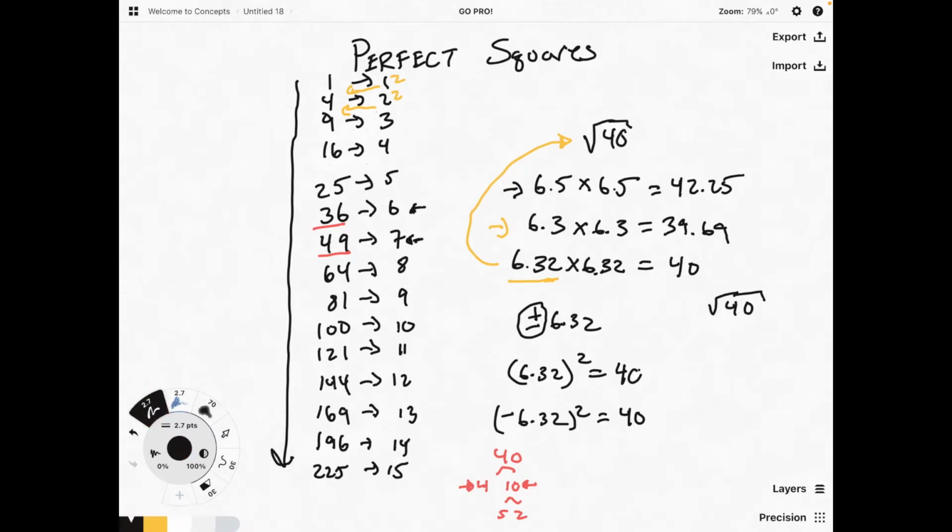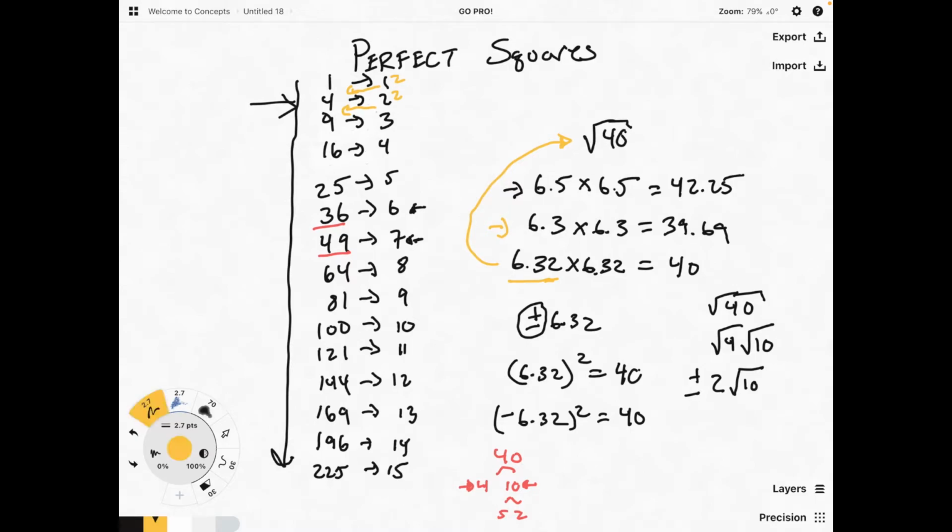Because we know that, we can break this down to the square root of 4 multiplied by the square root of 10. We know that the square root of 4 is 2 because it's a perfect square, and then that leaves us the square root of 10. We know that this is our answer, but we have to be very cautious and remember to put the plus and minus there.